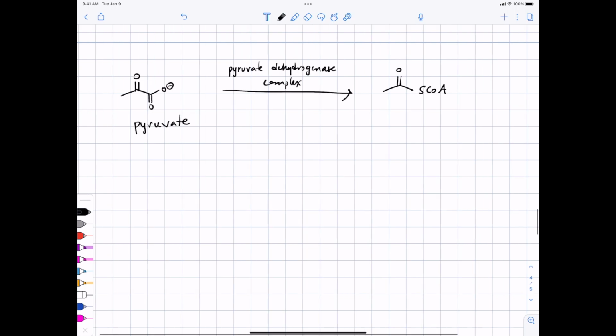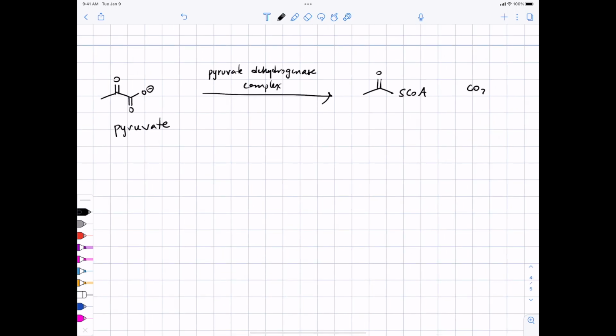We need to lose CO2 in the process. And we're going to generate NADH as part of the process.